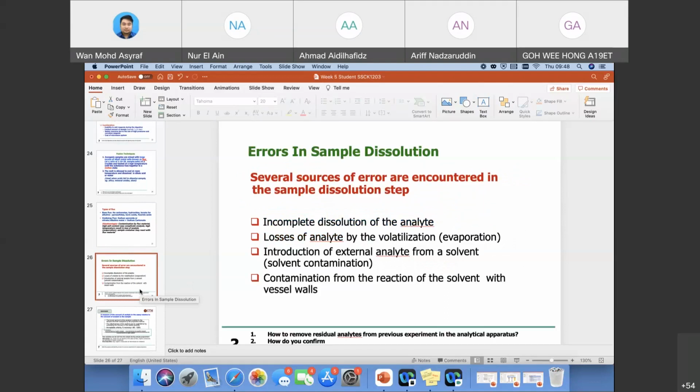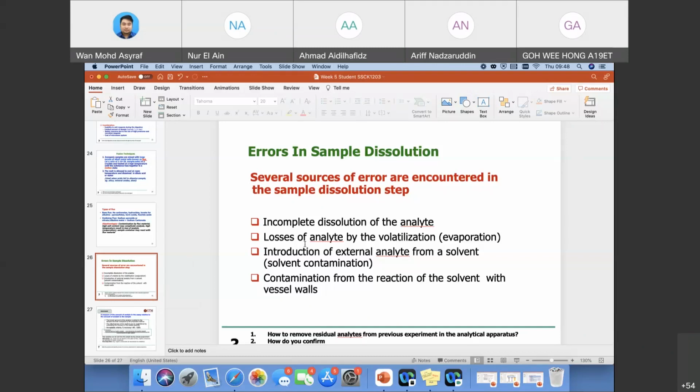Incomplete dissolution leads to an error because when you are trying to aspirate it into your flame AAS, the solids might be lodged in the tube. So this is incomplete dissolution. Next, losses of analyte due to volatilization. This is also an example of error in sample dissolution.